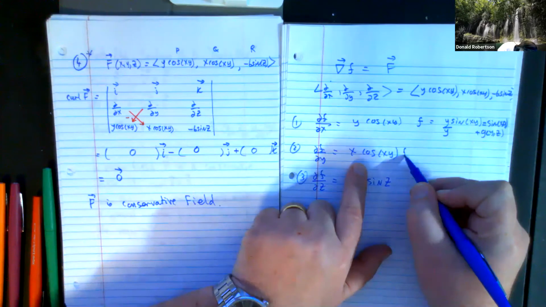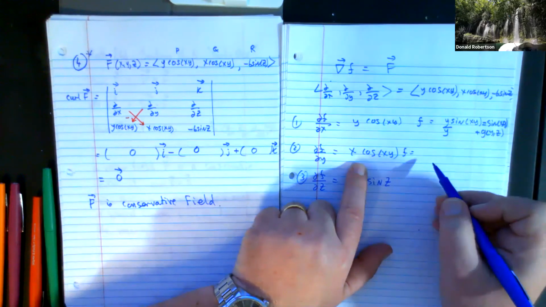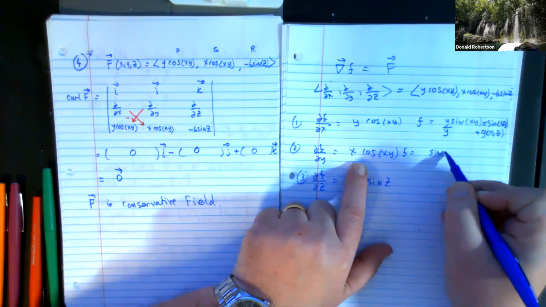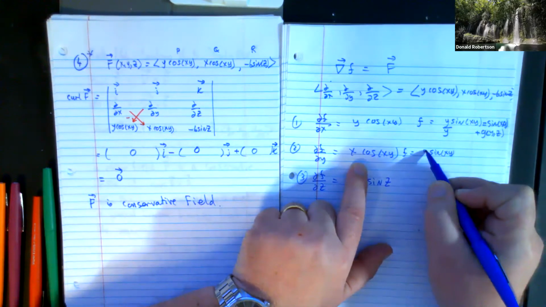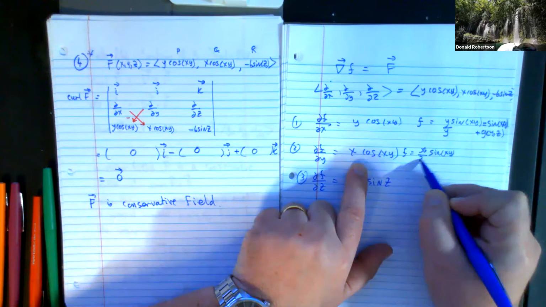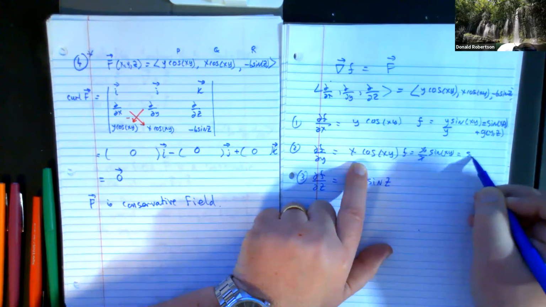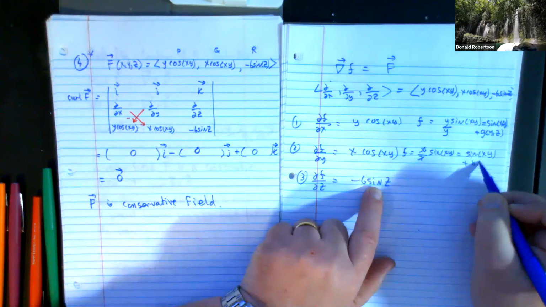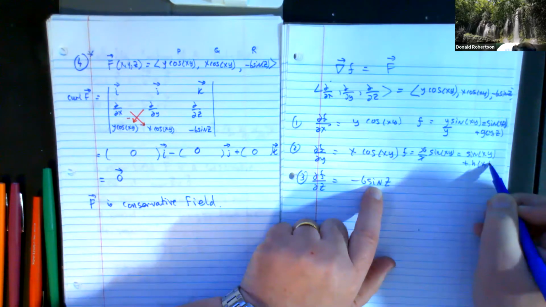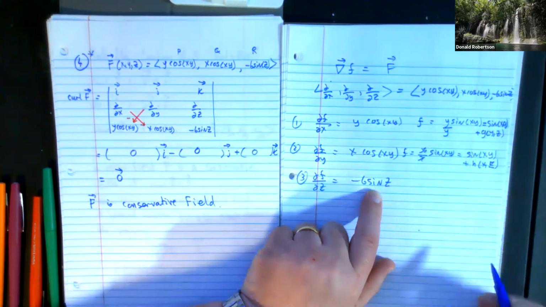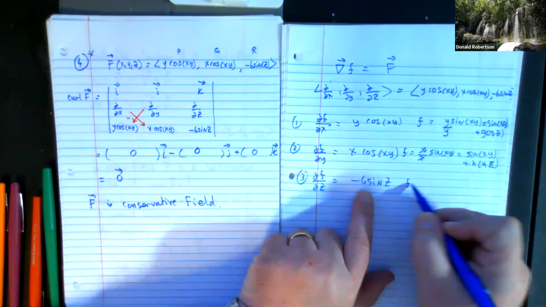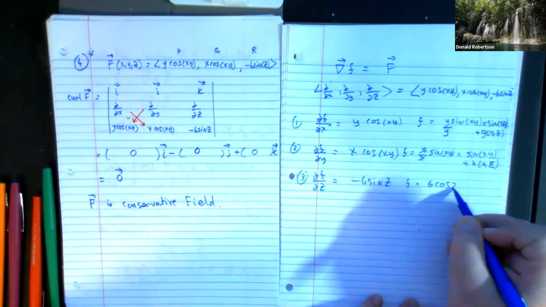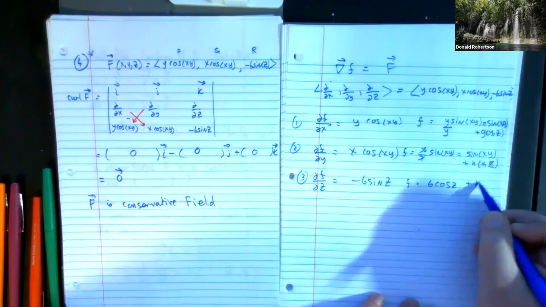Right, this fella. Very similar answer. What you're going to get is the sine of xy divided by x, which gives you the sine of xy, plus a function that doesn't have y's in it. And this fella, well, you're going to get a positive 6 cosine z when you integrate it, plus a function that doesn't have an x and y in it.